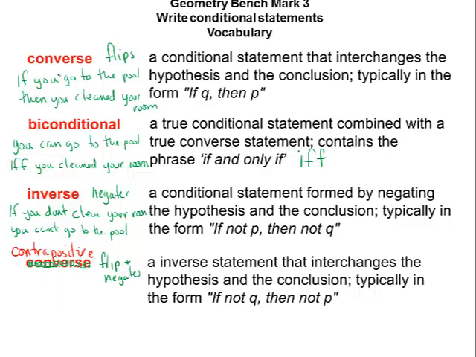So we had flipped, if you go to the pool, then you cleaned your room. We had negated, which is if you don't clean your room, you don't go to the pool. And then you have both. If you didn't go to the pool, then you didn't clean your room.